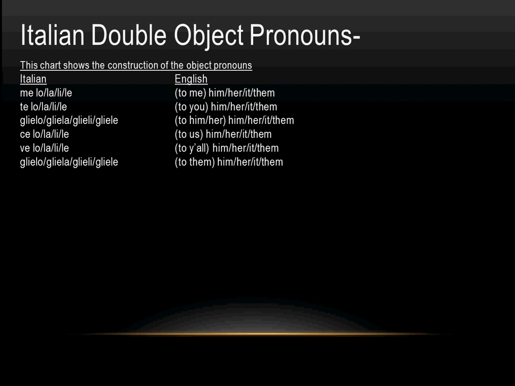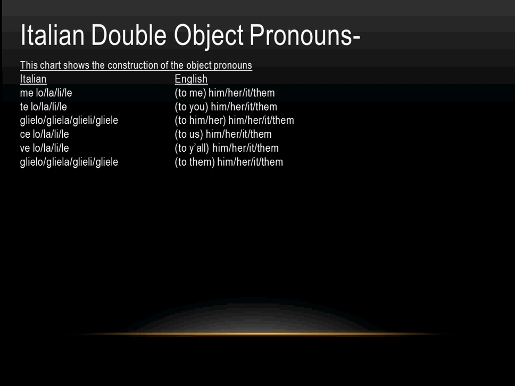The same holds true of te, ce, and ve. Now if you look at the third person singular, it's glielo. So gli became glie, and then we attach the lo, or the la, or the li, or the le directly to it. So we have glielo, gliela, glieli, gliele.